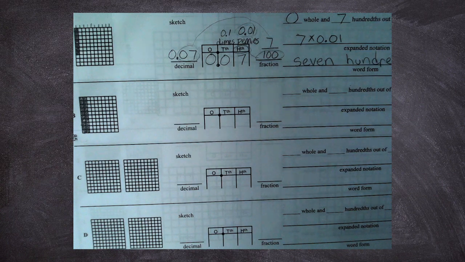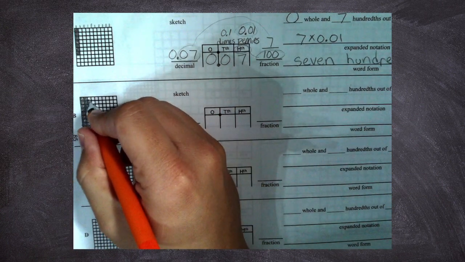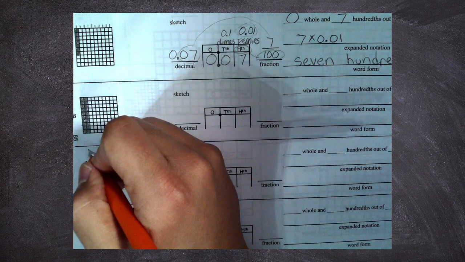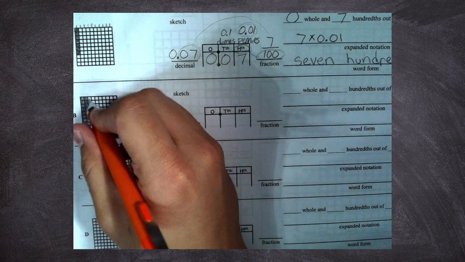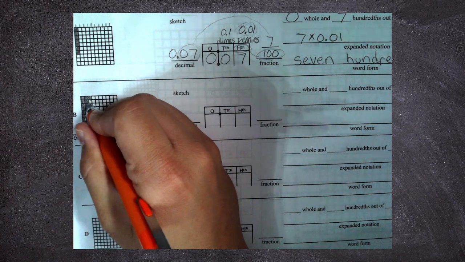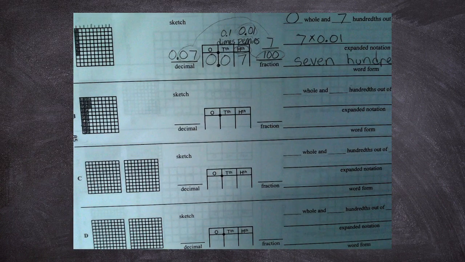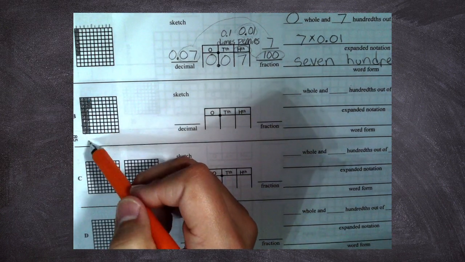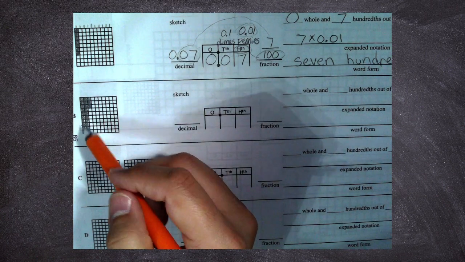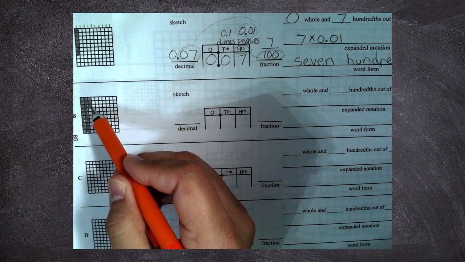And then we'll shade in 3 little boxes extra. 1 little box, 2 little box, 3 little box. So I should have 2 whole lines shaded in, and then after those 2 lines, 3 little boxes.